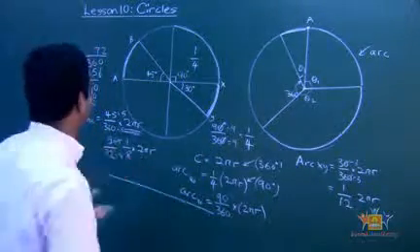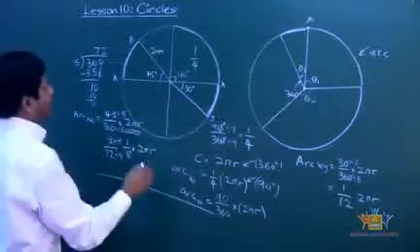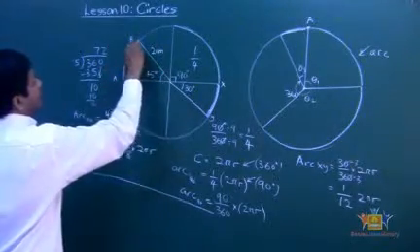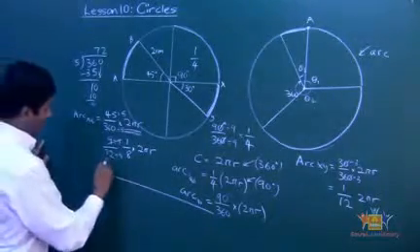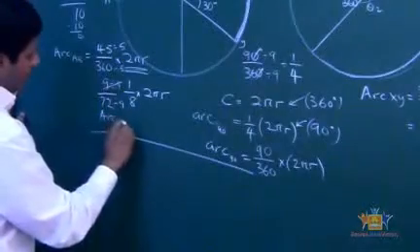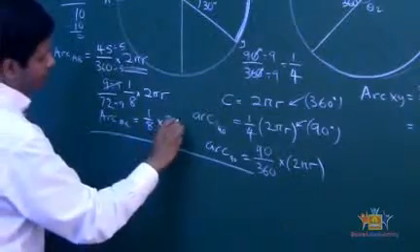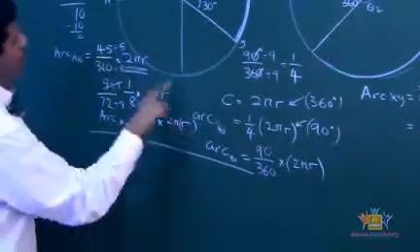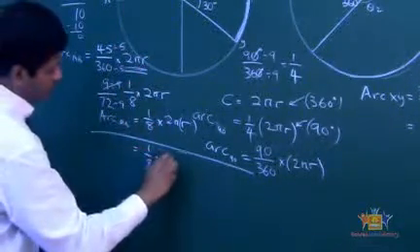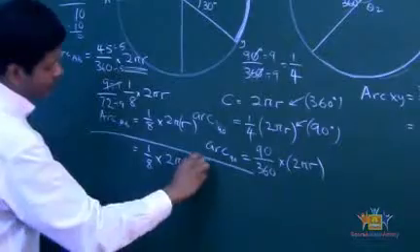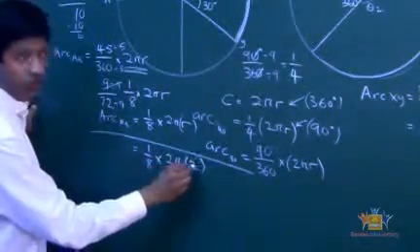Okay, so now let's say if I told you the radius is 2 centimeters, and I want to find the arc of AB. So the arc of AB equals 1 over 8 times 2 pi r. I substitute r with 2 centimeters. So 1 over 8 times 2 pi times 2. Now I can simplify. 2 times 2 is what? 4.